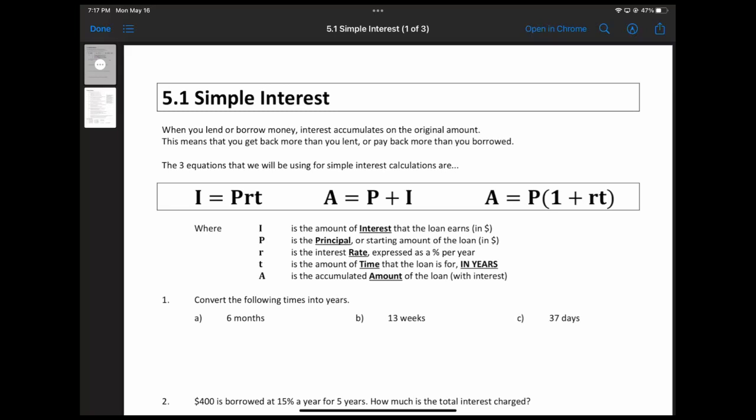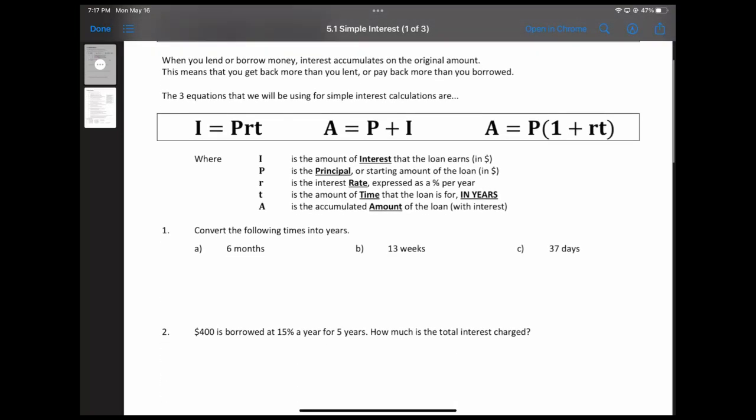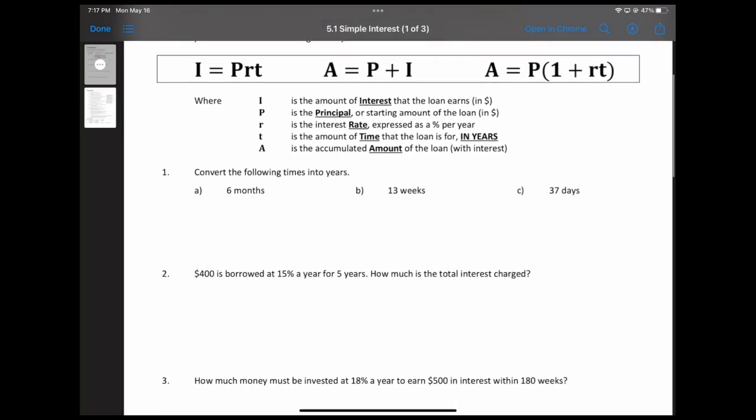So the first thing we're going to do is just make sure that we can convert everything, any type of time we get, into years. And this is fairly straightforward. We know how to do unit conversions. These ones are single step unit conversions. I think they're simple enough that we don't need to go through our formal process of making a unit chain and doing all the fraction stuff.